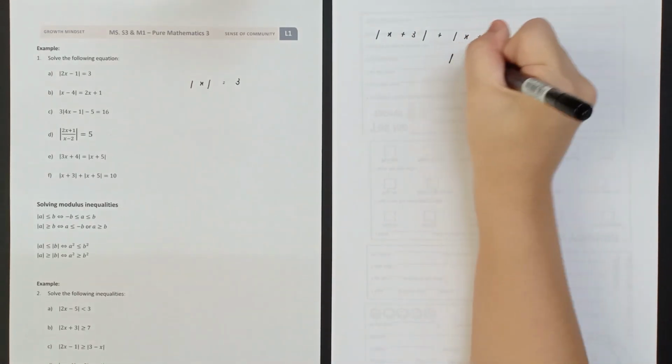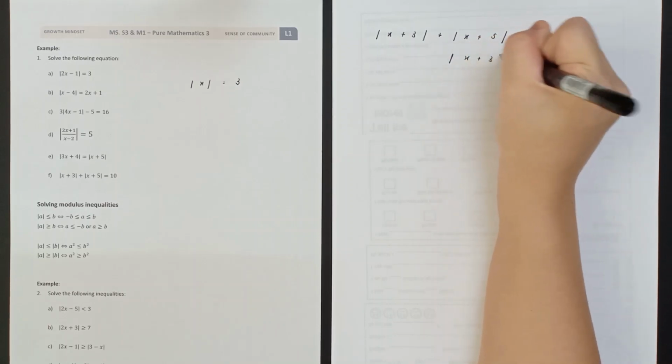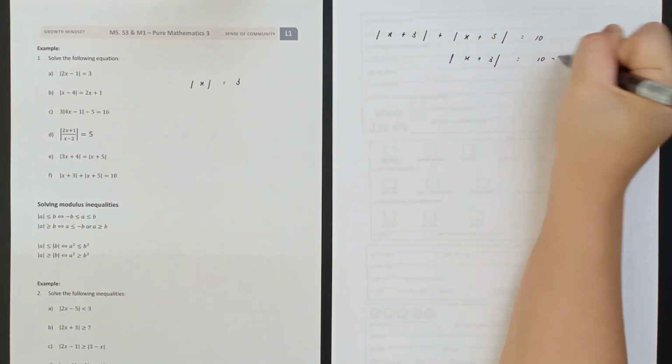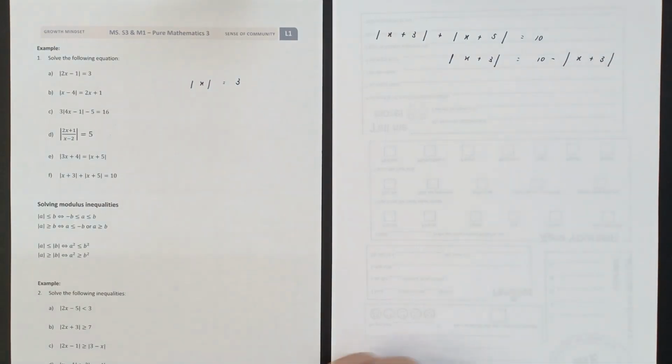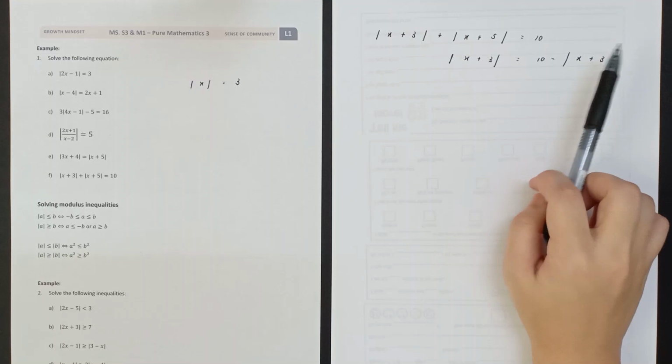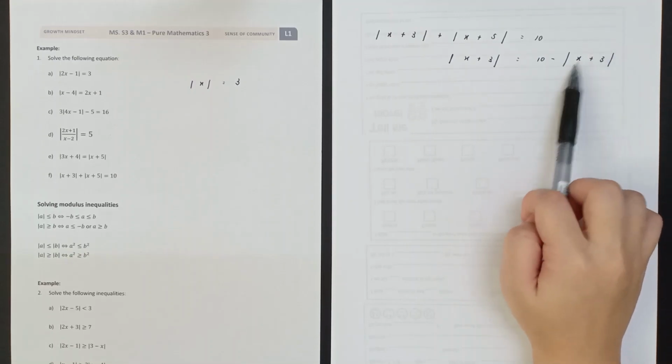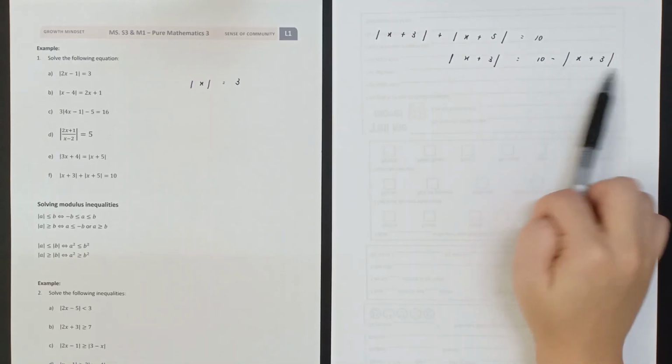So I have modulus of x plus 3 equals 10 minus modulus of x plus 5. Same thing. Can you try to do square here? No, you can't. Why is that? Because you never know what is inside here.